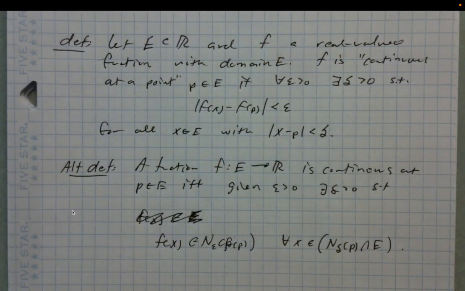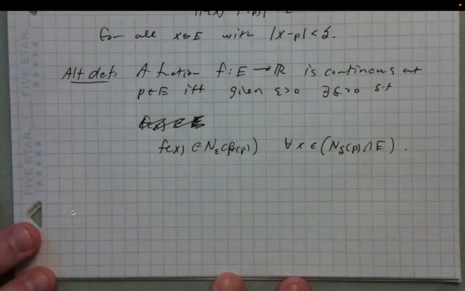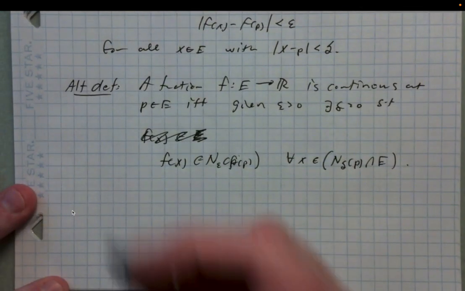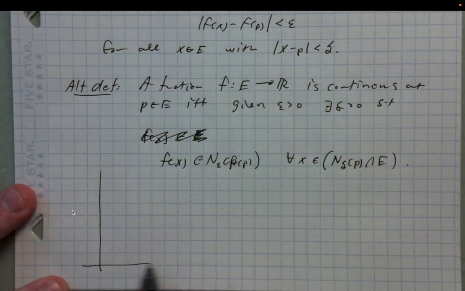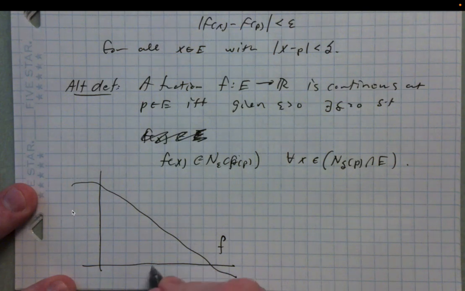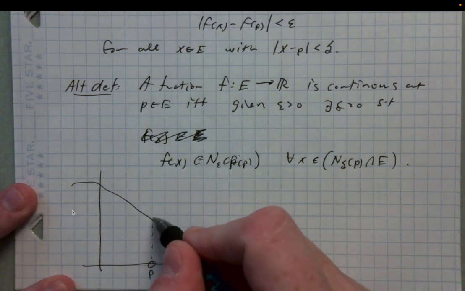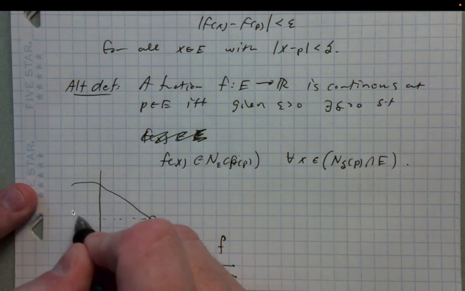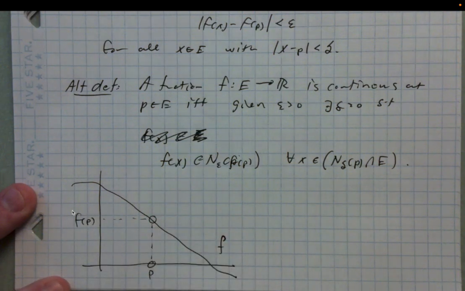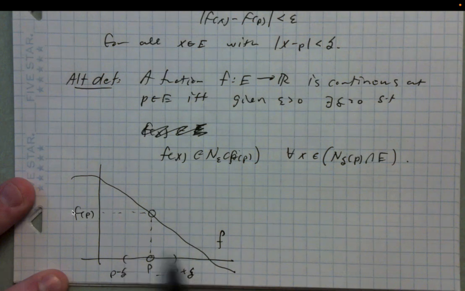Now if we were to think about this visually, what does this look like? Let's draw an arbitrary function in here. There's your function f, and let's say we've got our point p here. We know that p is going to evaluate up here. This will be your f of p. If I have a delta neighborhood, p minus delta, p plus delta, that's my delta neighborhood.